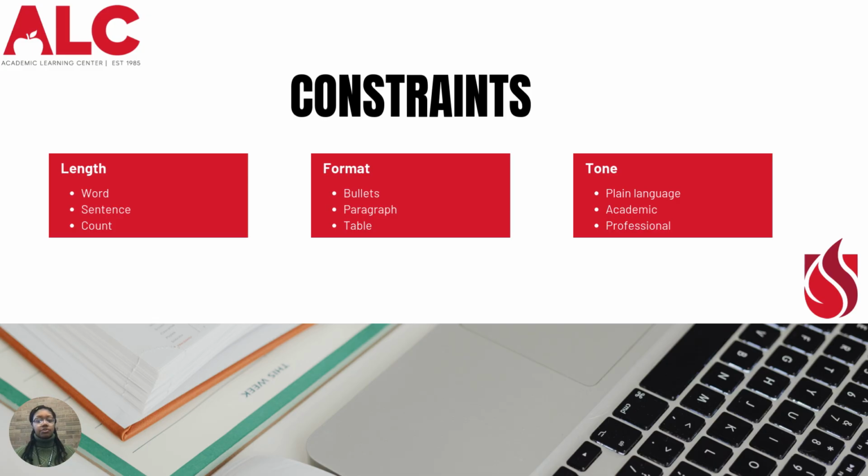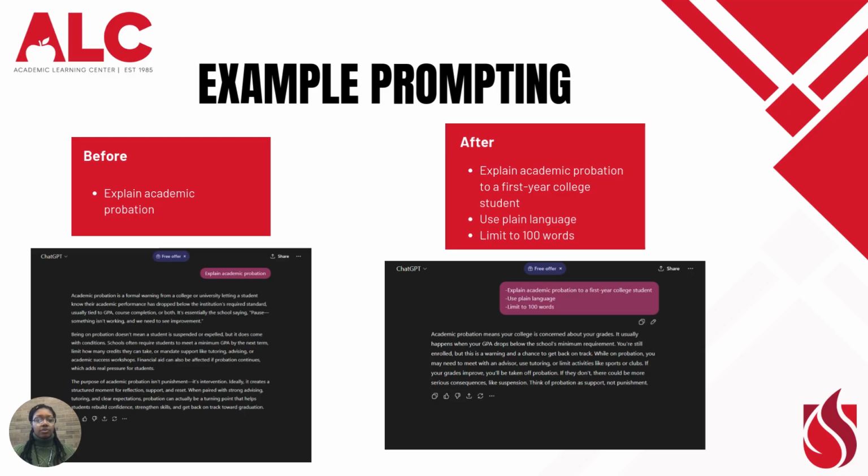So, for example, asking for a 150 word summary in bullet point form is more effective than just asking for a general explanation. Because what happens is, if we see here in the first example, I put into ChatGPT in a new thread, explain academic probation.